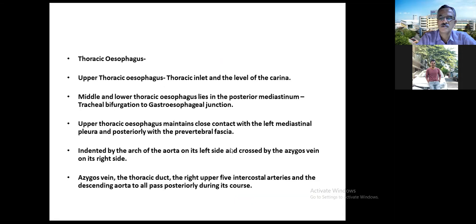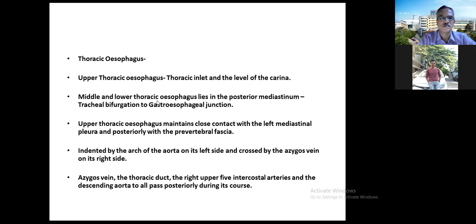And the thoracic esophagus. The thoracic esophagus lies in the posterior mediastinum. Again, it can be divided into upper thoracic esophagus, middle and lower. The upper thoracic esophagus is from the level of the thoracic inlet to the level of the tracheal bifurcation.